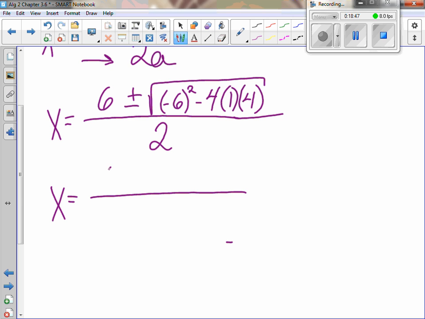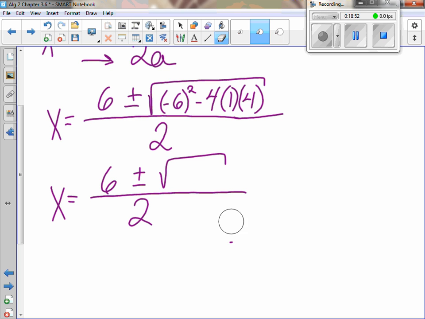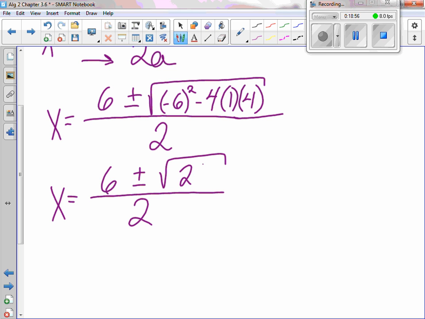Now again, the next thing I would do is simplify what's inside the square root. 16 and 36 is 20. 36 minus... anybody else get 24?